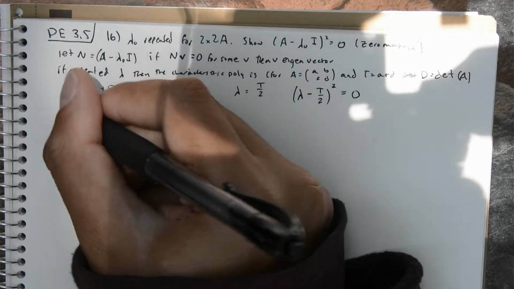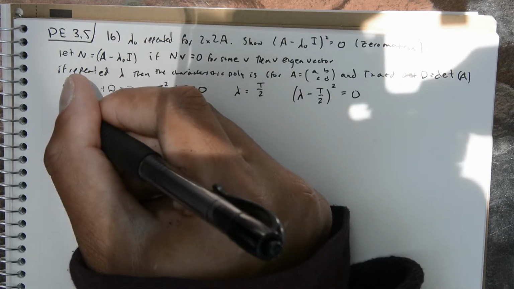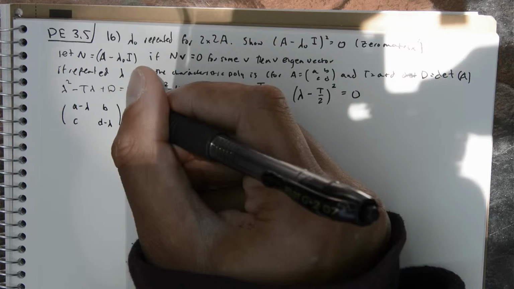So if we had a minus lambda, b, c, d minus lambda, and we took the square of that.